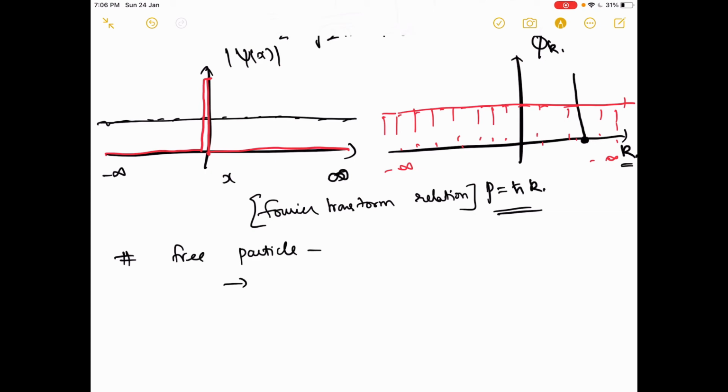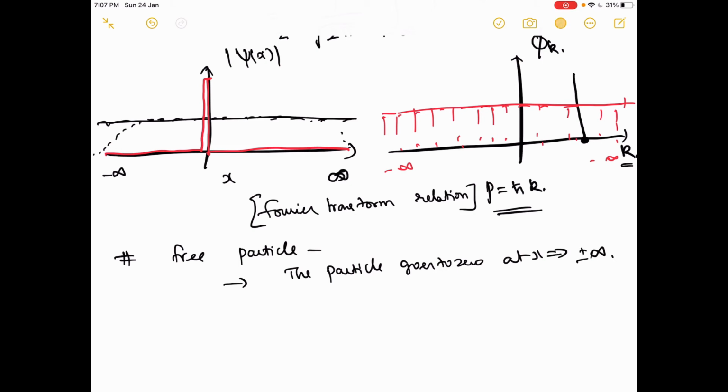We assume that the particle is not so free in the sense that it can go from minus infinity to plus infinity, but it has a very slowly varying function. The particle goes to 0 at x equal to plus or minus infinity, right?